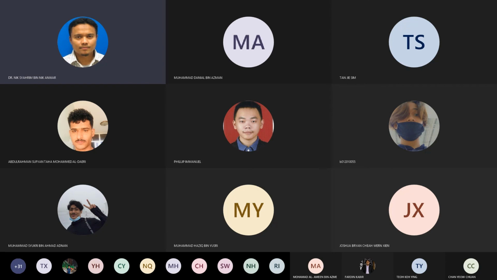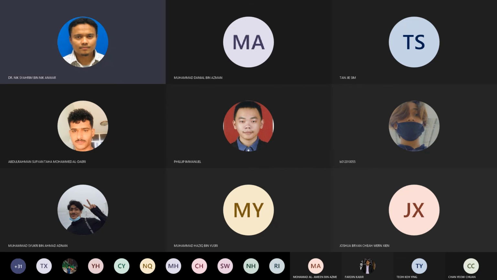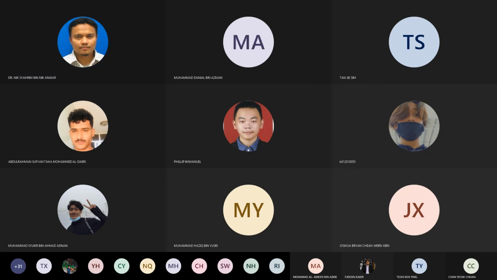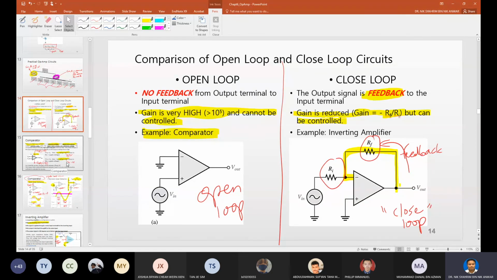And then Nazatul asked, the value of V supply equals the value of V saturation. How can a higher gain value hit the minimum V sat? Yeah, if you have a negative input, it will hit the minimum. So to answer Nazatul's question, how it can hit the minimum voltage value.